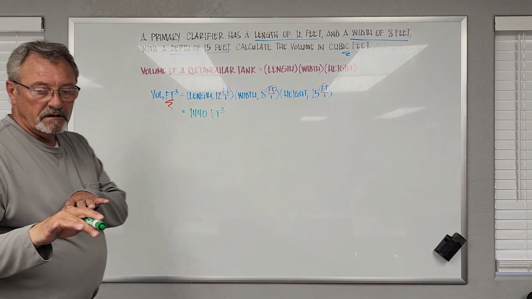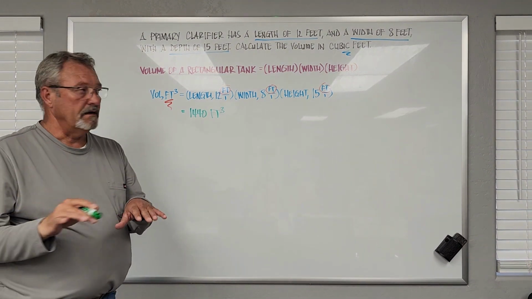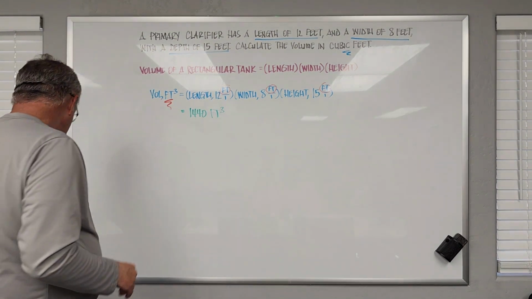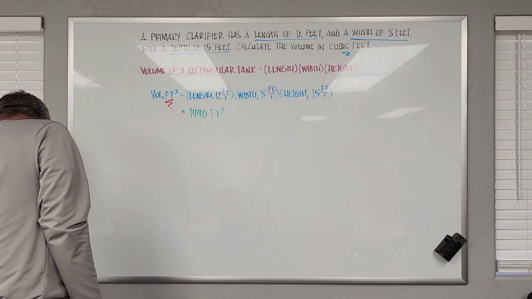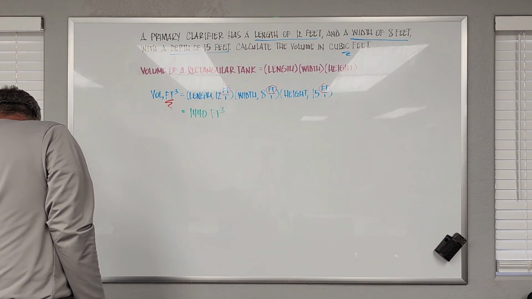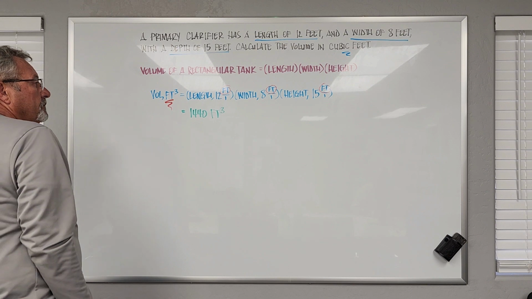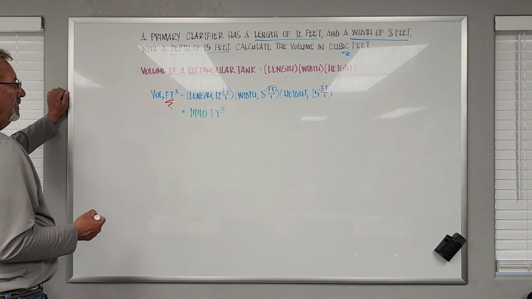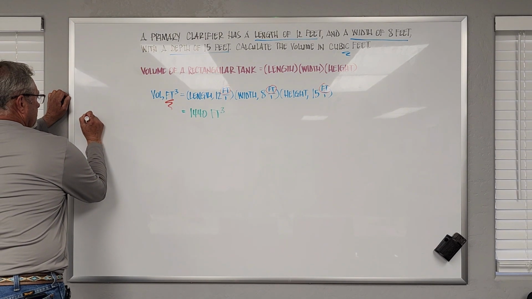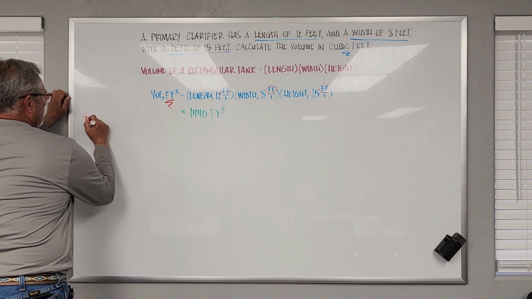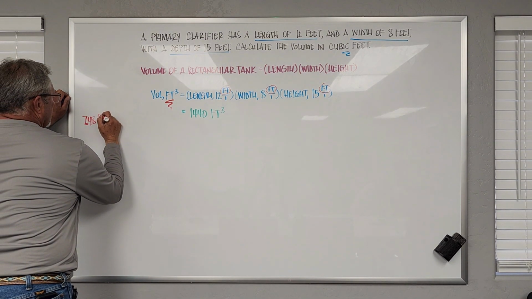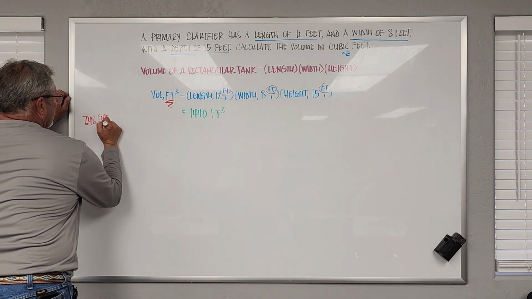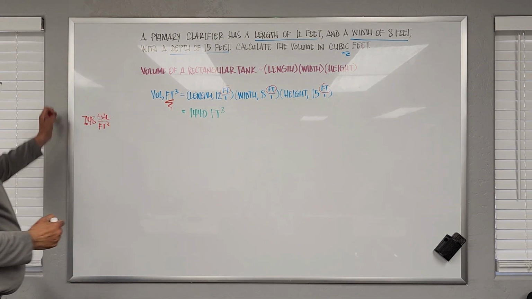Now, this isn't in the study guide that I gave you, but there are several things every operator working in this industry should know. And one of them is that there are 7.48 gallons for every cubic foot of volume.